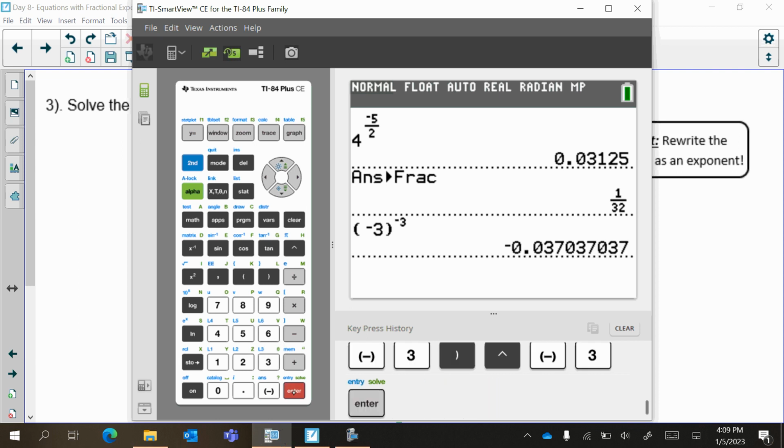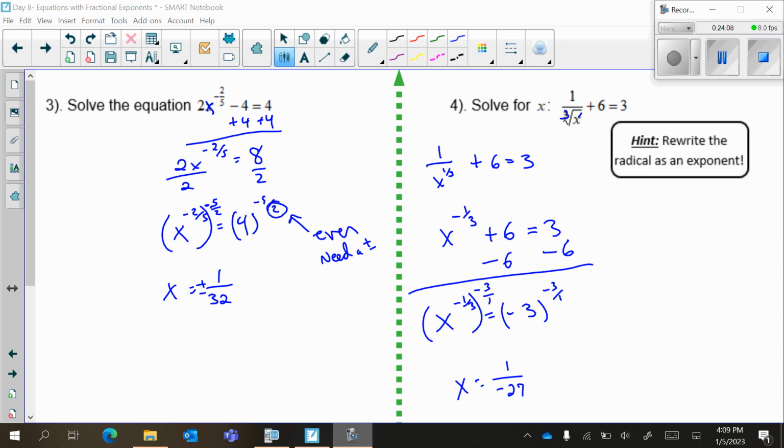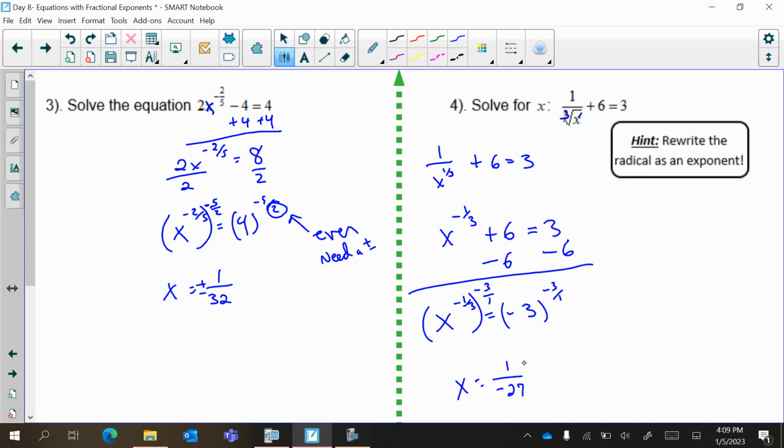That is definitely not nice, but you could hit math, frac, to get a nice answer. And of course, your denominator is odd, so you know plus or minus.